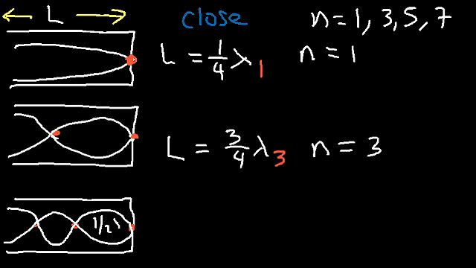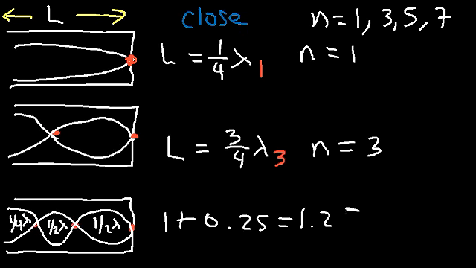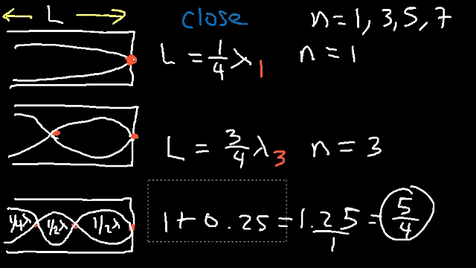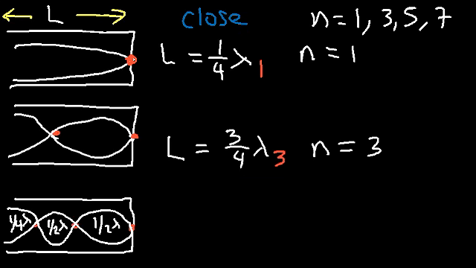So this is half of a wavelength, plus another half of a wavelength, plus 1/4 of a wavelength. 0.5 plus 0.5 is 1, and 1/4 is 0.25. 1.25 as a fraction is 5/4. Basically, multiply the top and bottom by 4, and you'll get 5/4. So therefore, we could say that the length is equal to 5/4 of the wavelength. And for this picture, n is equal to 5.